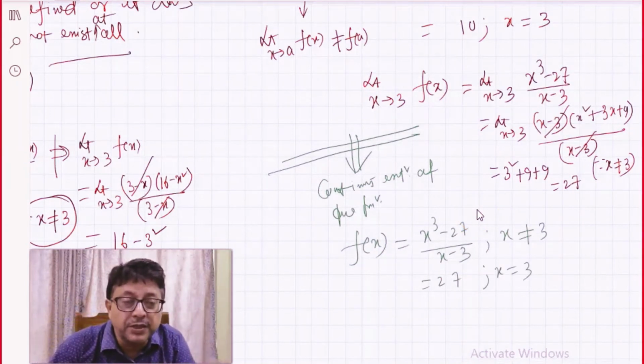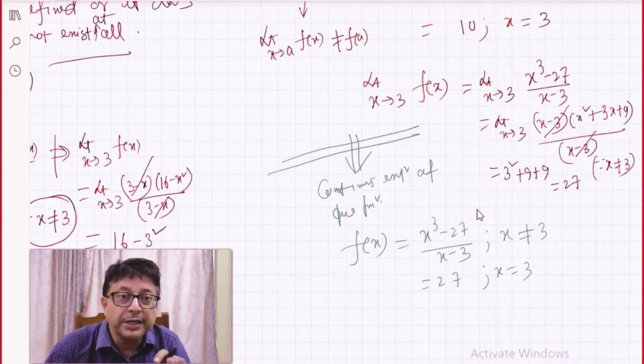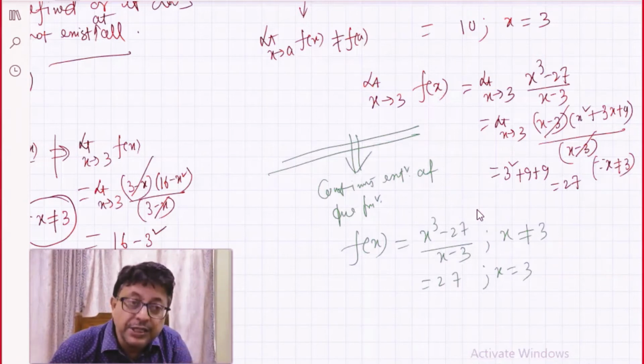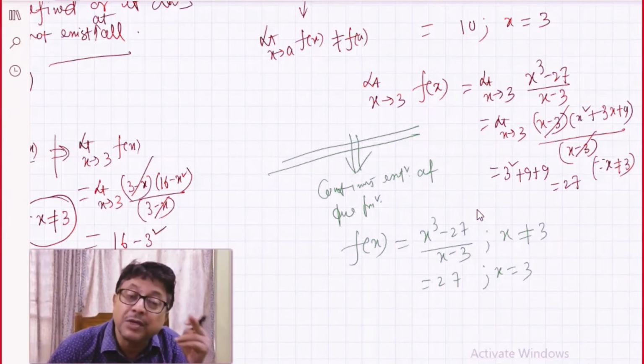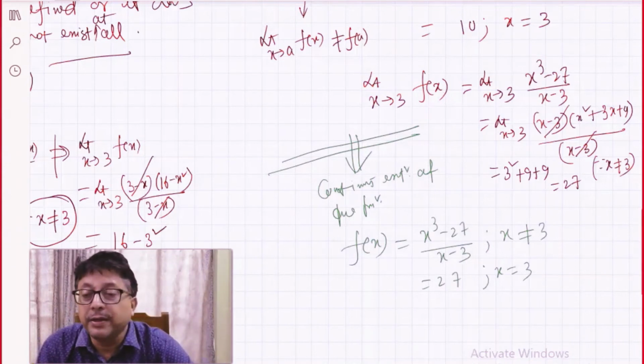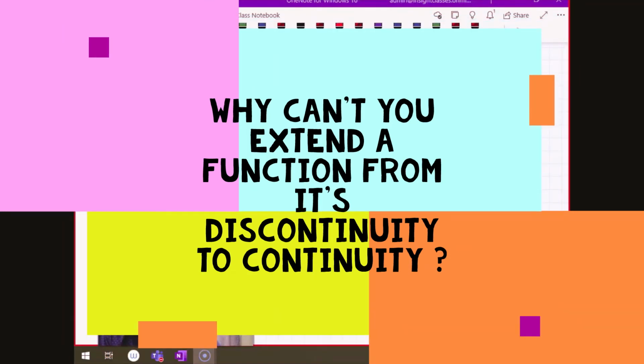Discontinuity is removed, that's why I told you it is removable discontinuity. Okay, it is isolated point discontinuity and it is removable. Previous one was missing point discontinuity, that was also removable. Everyone, end of discontinuity topic which we have started discussing.